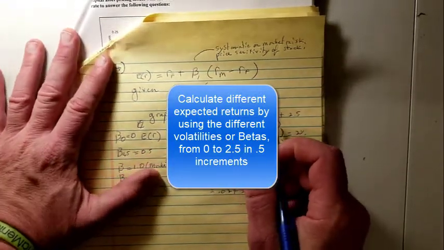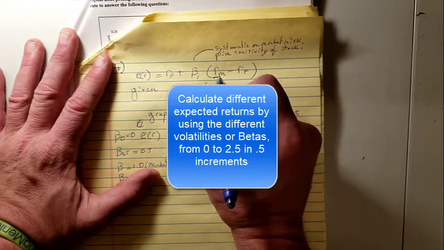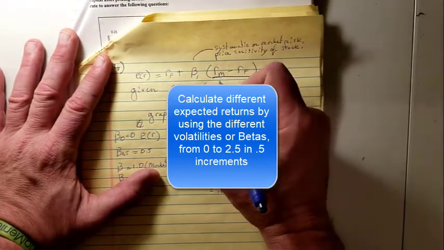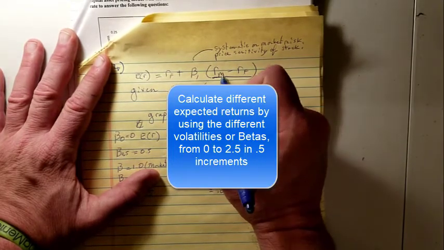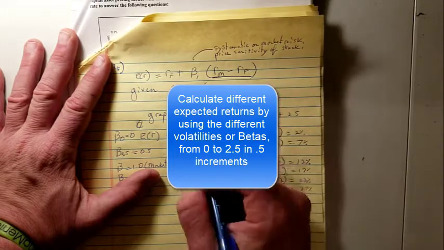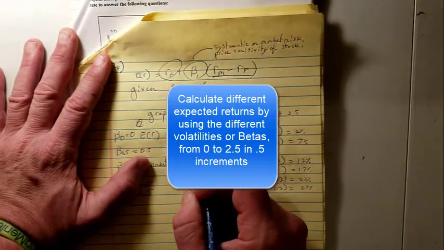The slope of the CAPM is the market risk premium. It's 0.12 minus 0.02, and you've got the beta, and you've got your risk-free rate.